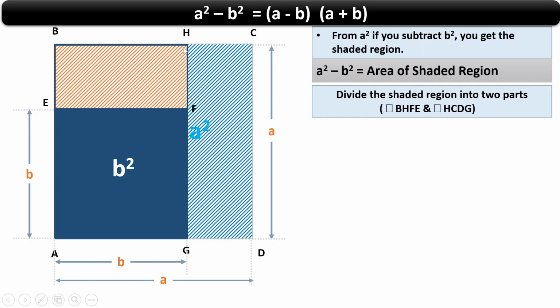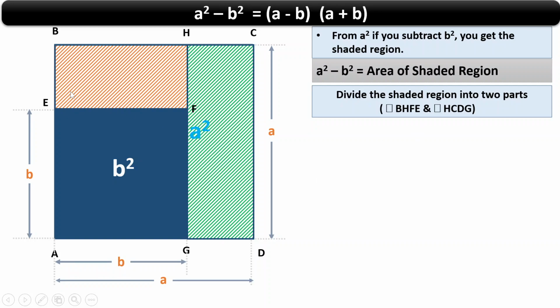Okay, the next one is HCDG. This is the other rectangle, because it's very easy to find the area of a rectangle. So if you find the area of this rectangle BHFE and HCDG, if you add these two, then you will get the entire region. Correct?